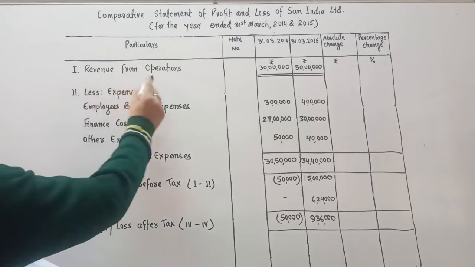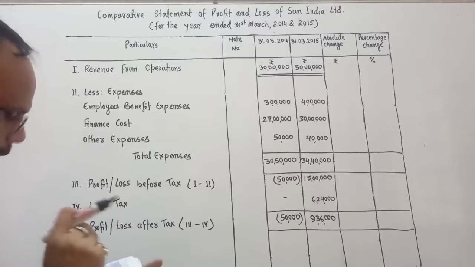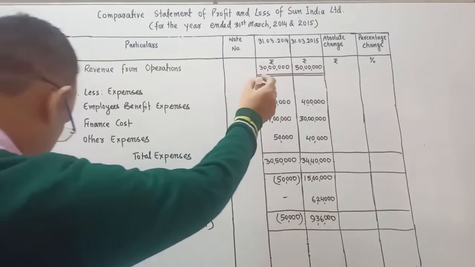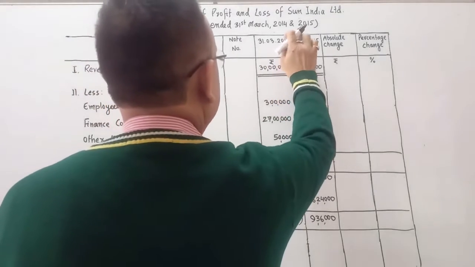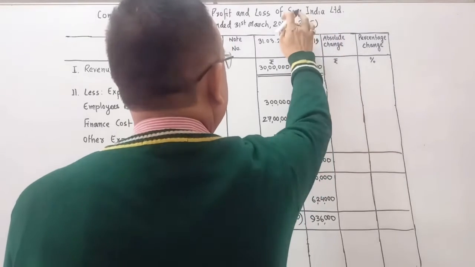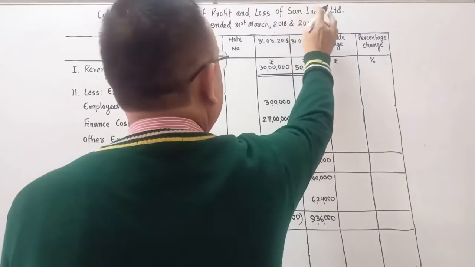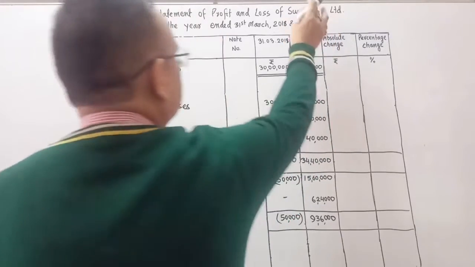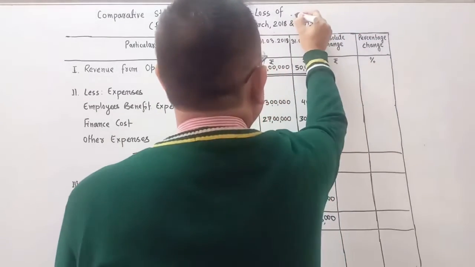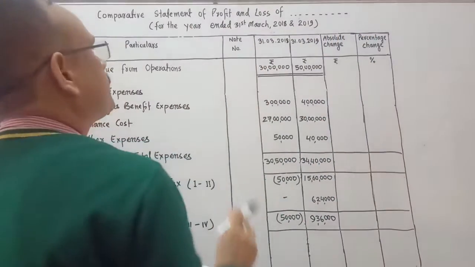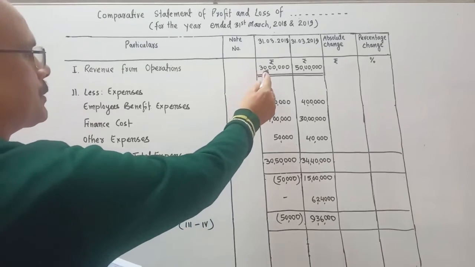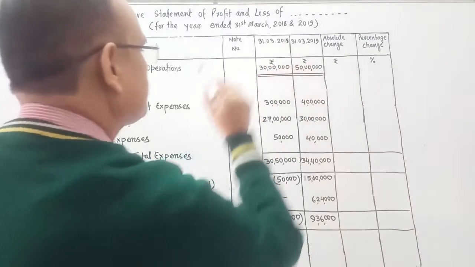Revenue from operations, number 1, is given in the question as 50 lakhs and 30 lakhs, for 2018 and 2019. Name of the company is not given in the question, so I just mark dashes. In 2018 the revenue from operations was 30 lakhs and in 2019 it is 50 lakhs.